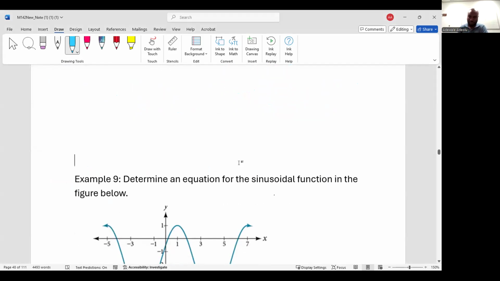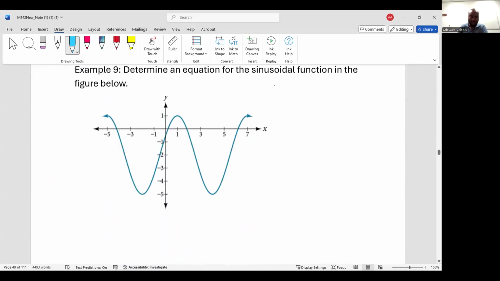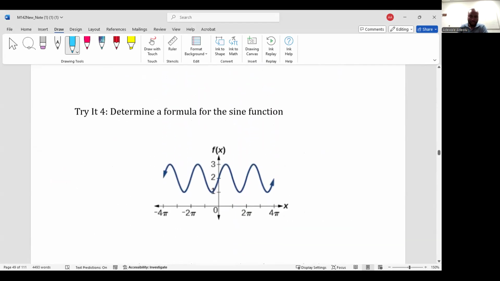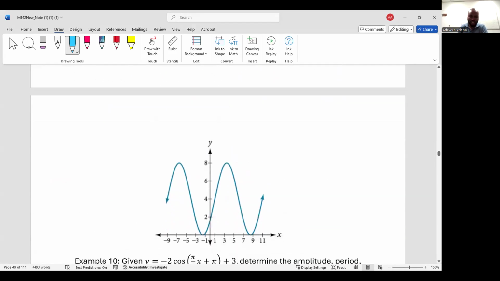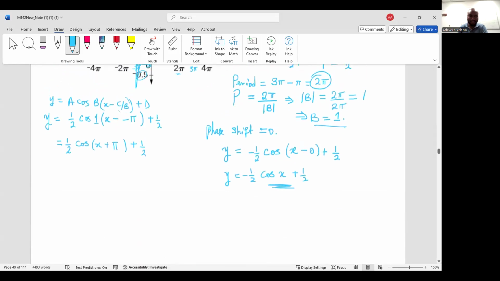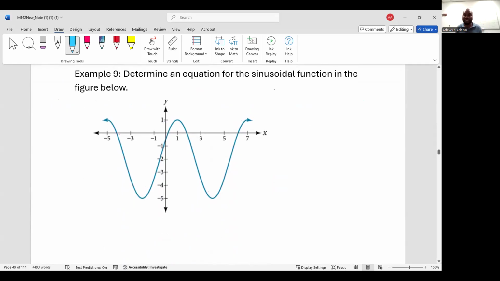Let us solve one more example. Determine an equation for the sinusoidal function in the figure below.